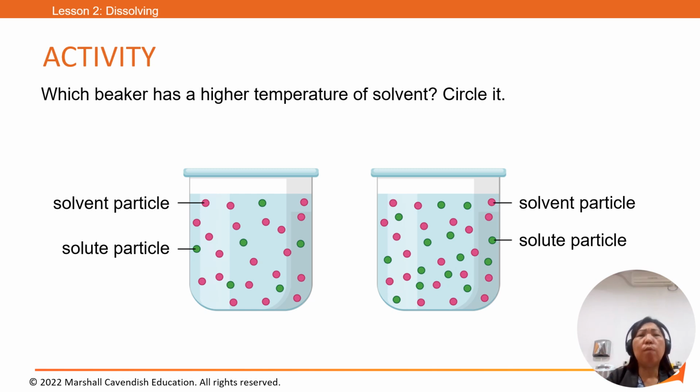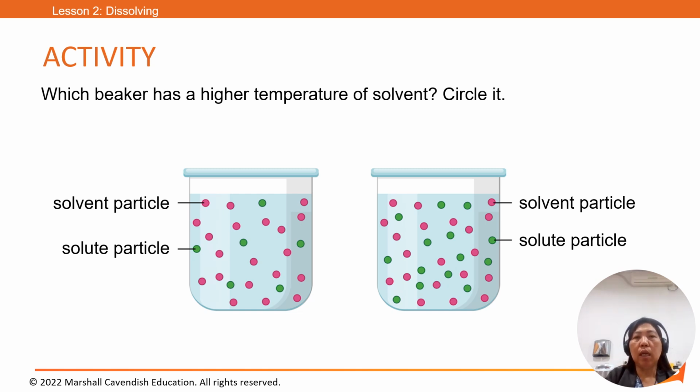So how will the movement of the solvent particles affect a solute dissolving in the solvent? The solvent particles will be more able to break up the solute particles into the solvent. So the solute will dissolve faster, and we will have more solute in a solvent that has a higher temperature.